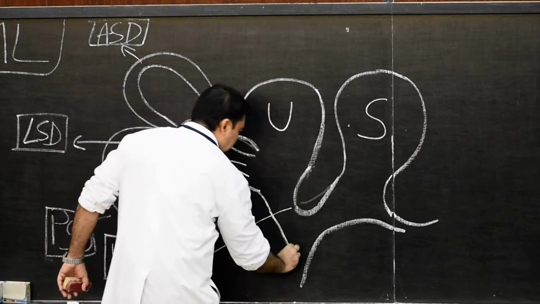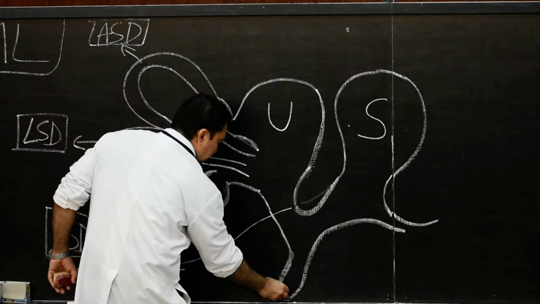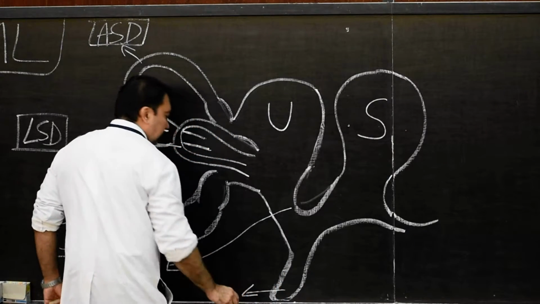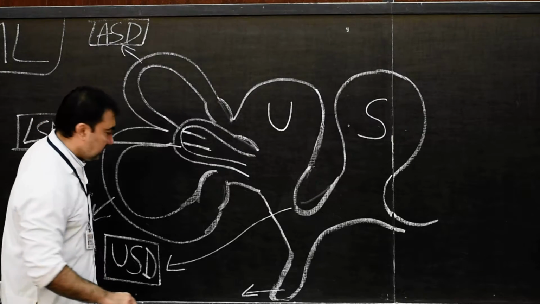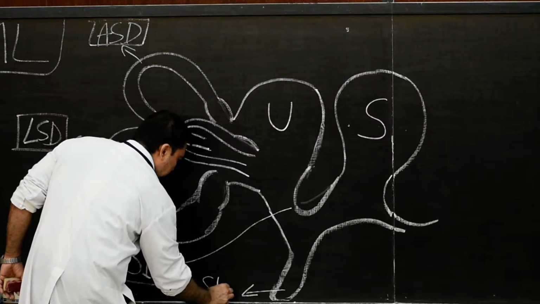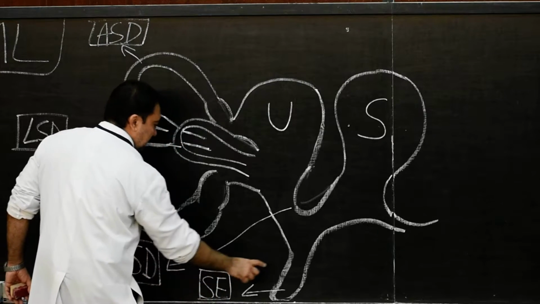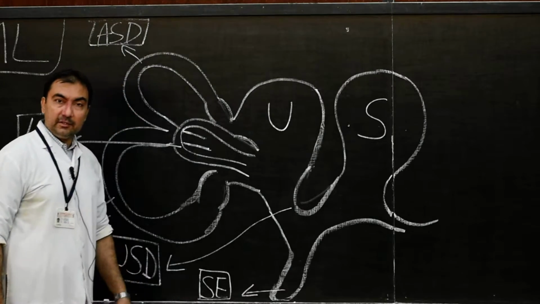and it will end in, see here, it will end in saccus endolymphaticus. So here I can write this as saccus endolymphaticus. This is ductus endolymphaticus.